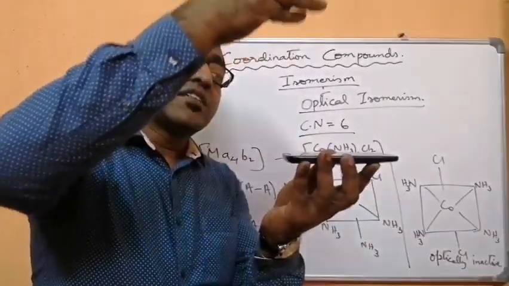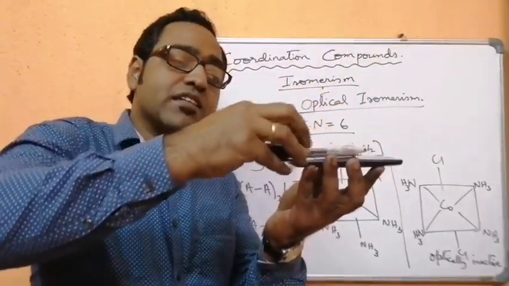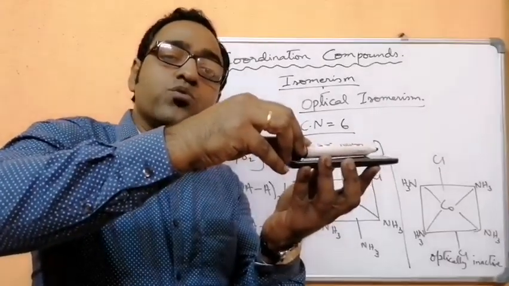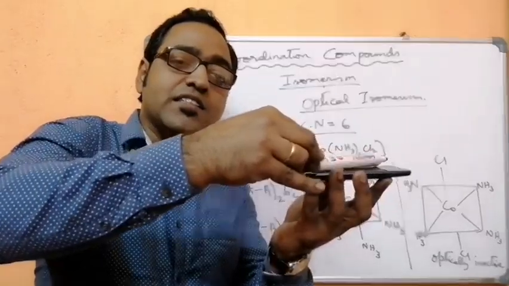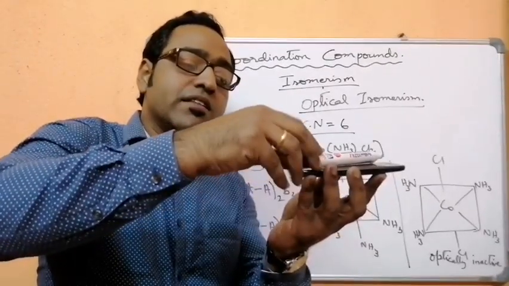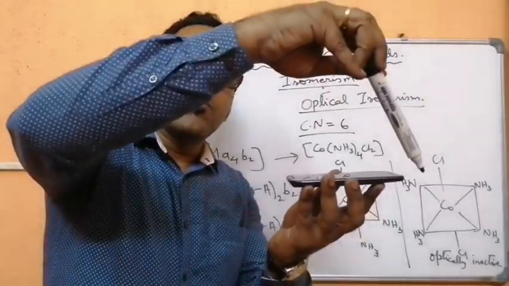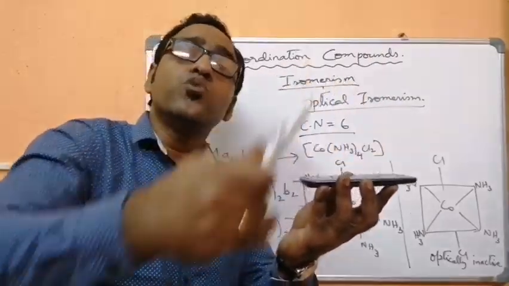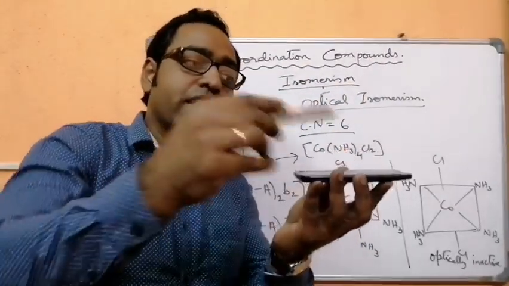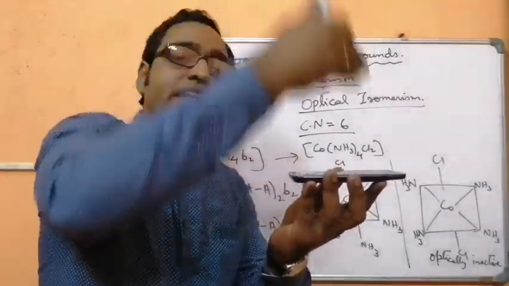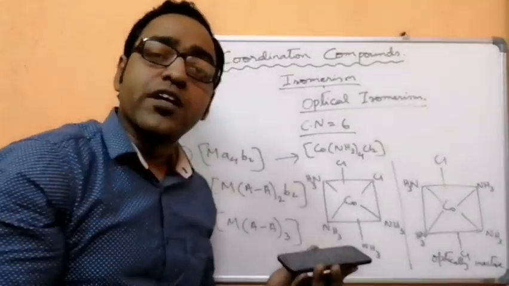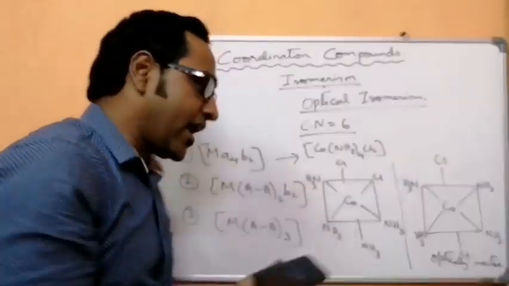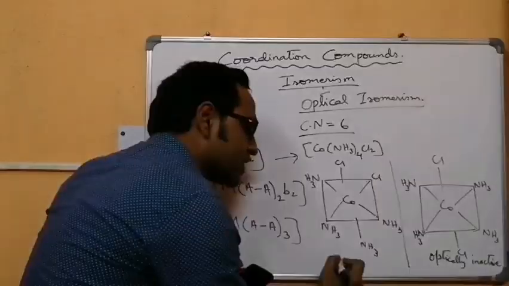Now if we slice the molecule like this, a diagonal plane to the square base, then what will happen? Then this ammonia and this ammonia, you can slice it into two equal halves. This ammonia and this above chlorine will get into two equal halves. So this compound will also have a plane of symmetry, and hence it is also optically inactive.